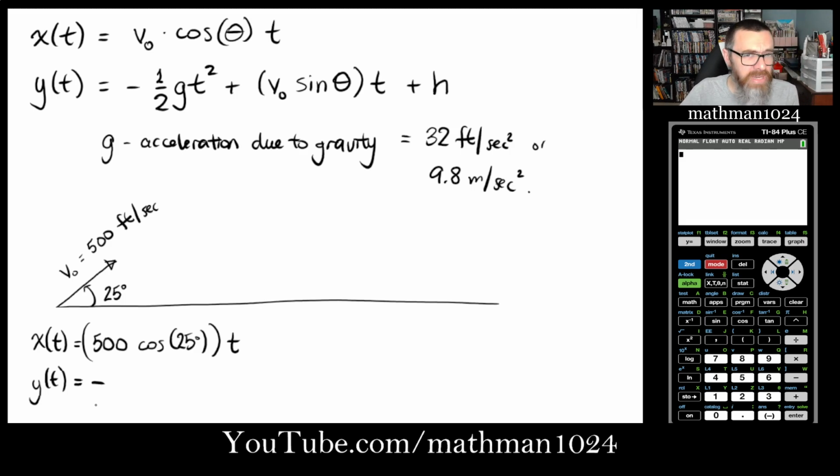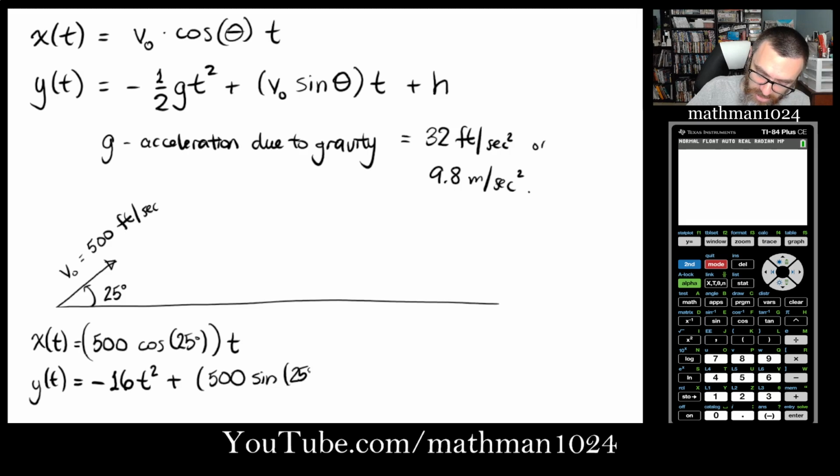So we're talking about feet here, so let's use the 32 feet per second. So this makes this negative 16 t squared plus my initial velocity of 500 times sine of 25 degrees times t plus h. So we're making the assumption here that we're just starting at 0. And let's see what happens.